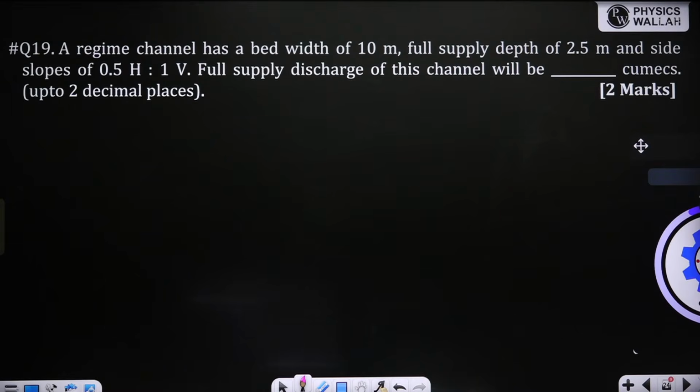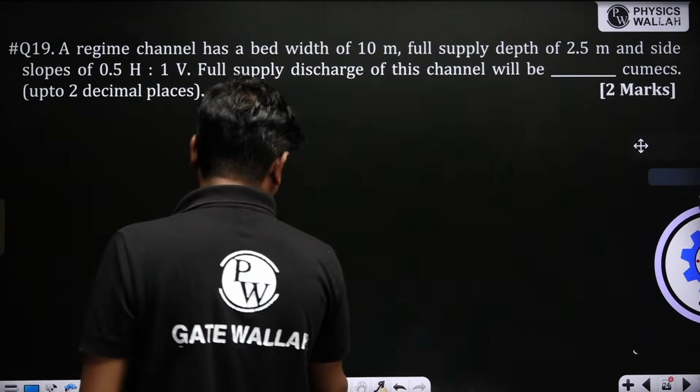Regime channel means, are you going to consider a lined canal or an unlined canal? Regime channel means you are supposed to consider an unlined canal.